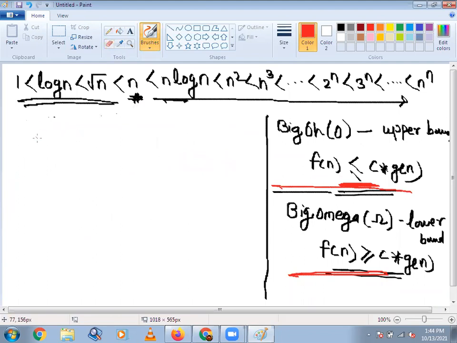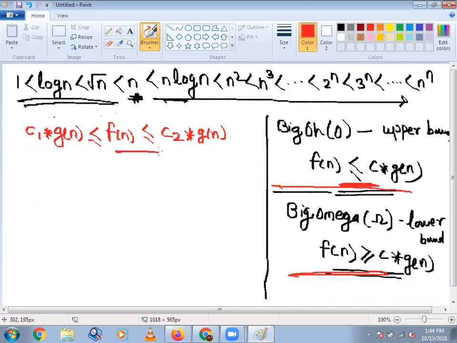Here we have written the equation, that is C1 into g of n is less than or equal to f of n is less than or equal to C2 into g of n. Okay, we will do a partition of this equation into two different parts.